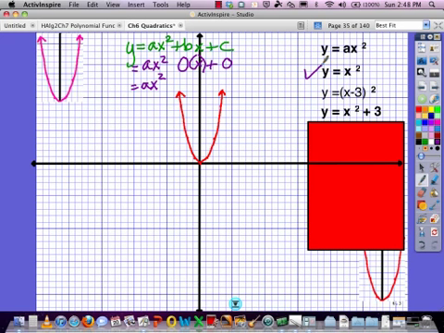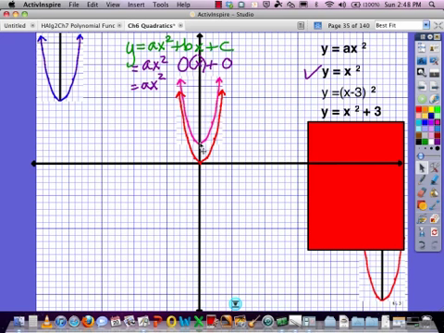Or if you have ordered pairs, do it with your ordered pairs. And this time, you should be seeing the result that your equation has moved up 3 units on your y-axis from where it was before.